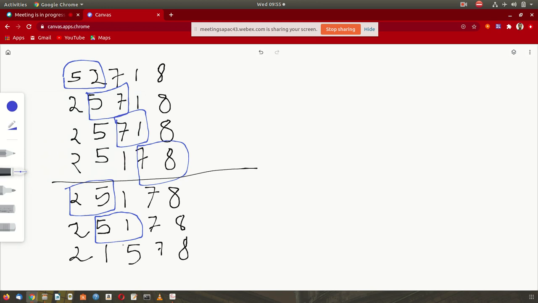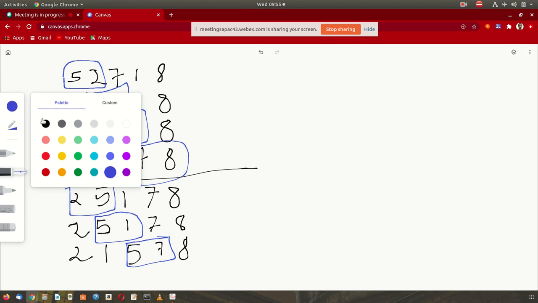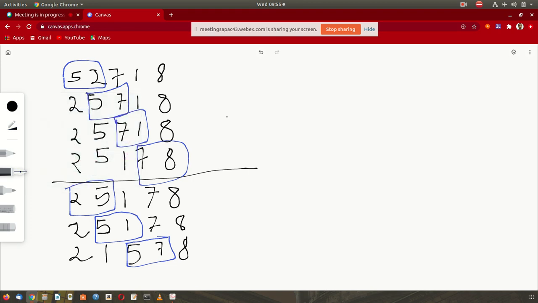After this the blue box comes to the next, 5 and 7. Here there was 1, before it was 1. So 1 is the smaller number, 1 comes to the left hand side, 5 comes to the right hand side.